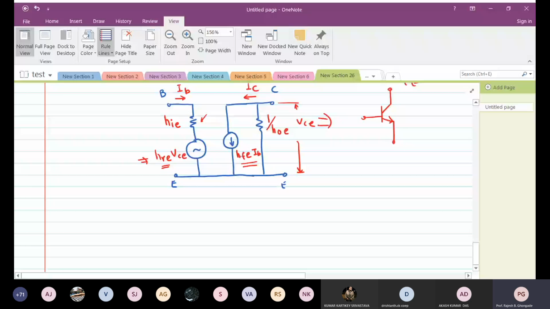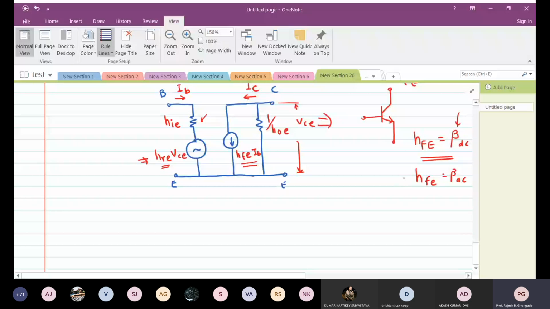Now HFE is our beta. The capital F capital E stands for DC, whereas when I say lowercase hfe, this is also called beta AC. This is called beta DC. So far we were concerned only with beta DC.